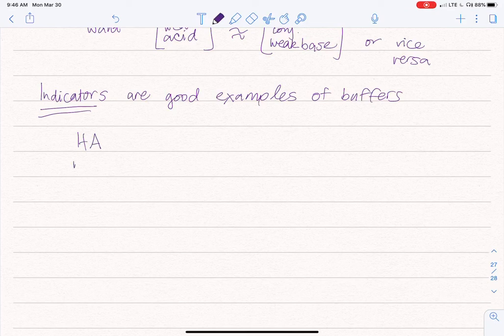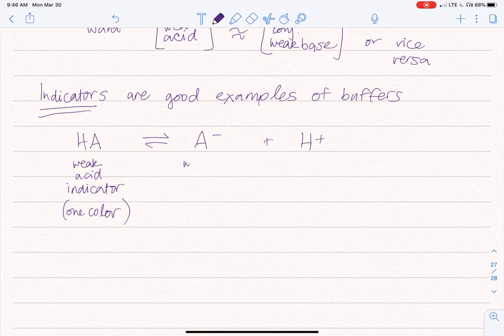This is a weak acid, a generic expression for a weak acid. Let's say it's one color. I don't care. You can imagine it's purple. When it gets deprotonated, you get its weak base, and that's another color.